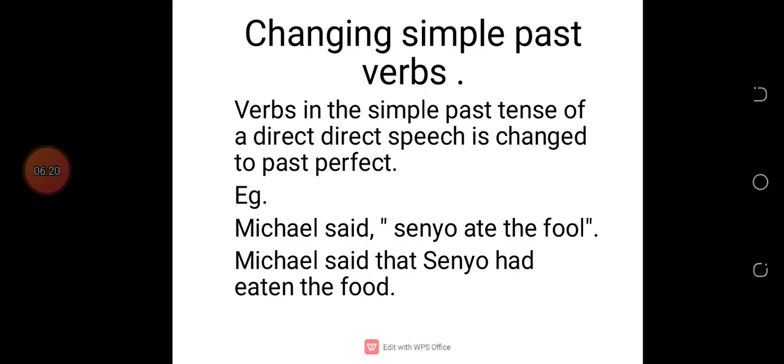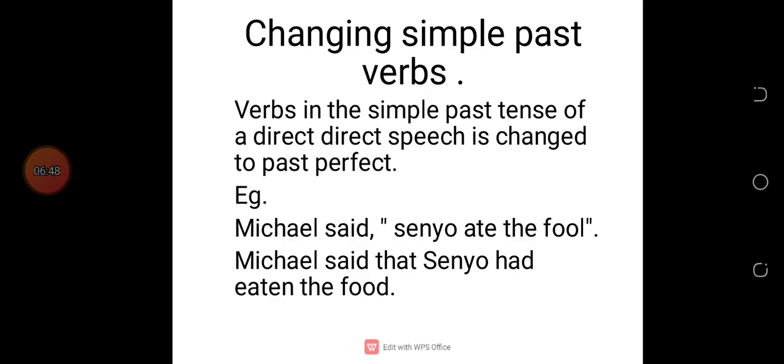And so we are going to change that in a direct form by converting that into the past perfect tense, where we would have to state an action that happened somewhere in the past. So it reads in the reported speech, Michael said that Senyo had eaten the food.